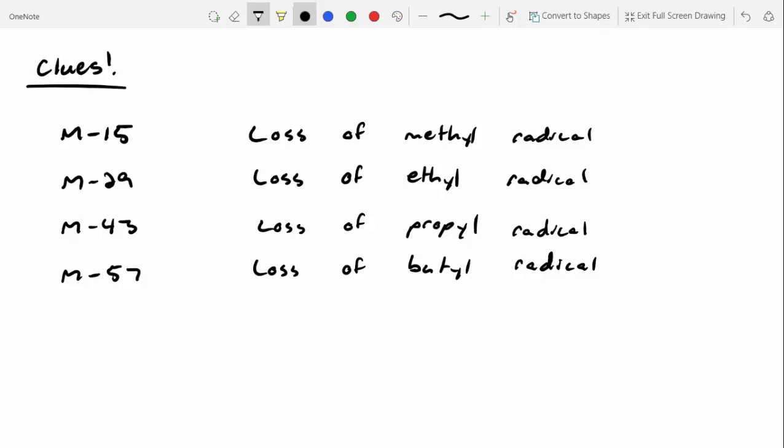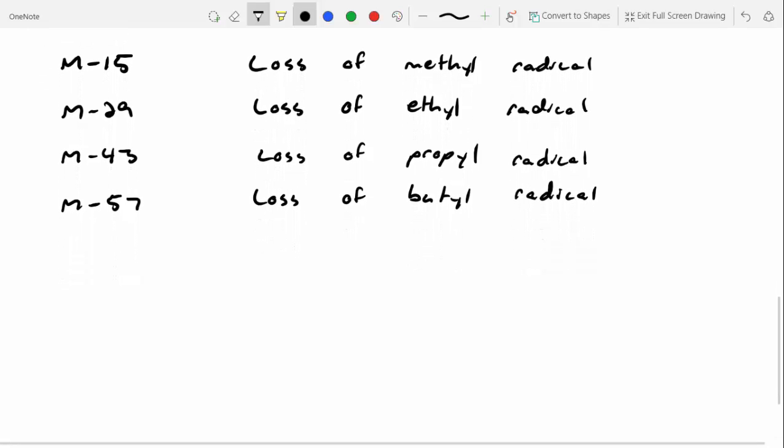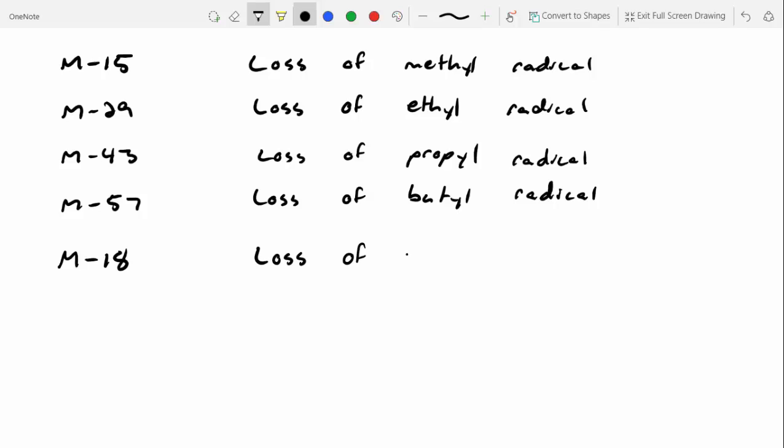However, there's a couple other really useful ones as well. So I'll show you guys the others that are unique. M minus 18. What commonly has a molecular weight of 18? Water. So loss of water. The question is, how can we lose water? And I'll give you guys a hint. It's from an alcohol.